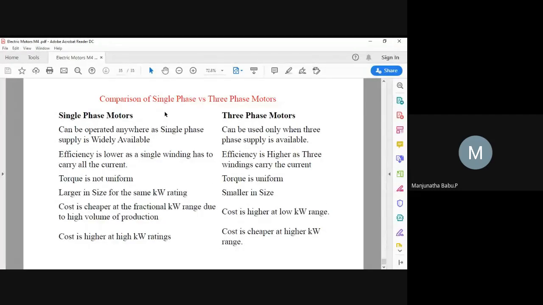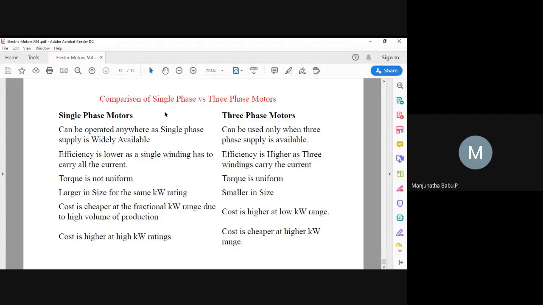Generally, when we compare, the three-phase induction motor has more advantages compared to single phase. But the single-phase supply is available almost wherever there is an AC supply, which can be converted to single phase, so that is mainly used, almost in domestic settings.